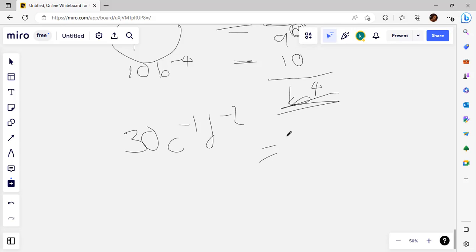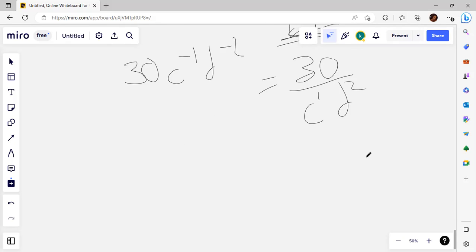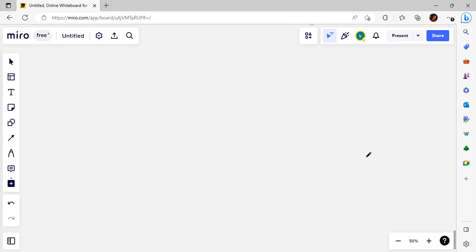Good. So it's going to become 30 over c to the power of 1 d to the power of 2. Remember, the moment we take them under, they become positive. Very good.